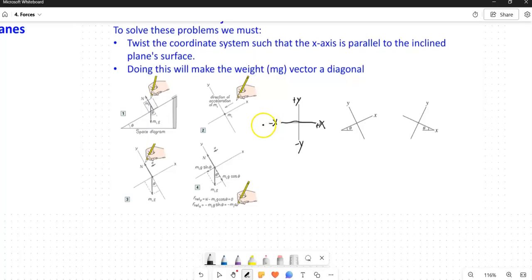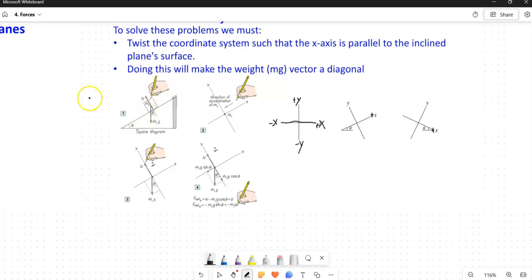However, there are some uses to turning that coordinate system such that the positive direction can be up the plane if it's twisted counterclockwise, or if you twist it clockwise, the positive x direction will be down the plane. The primary use is to keep the horizontal coordinate system parallel to the plane of motion, which would then in turn make the y direction perpendicular to the inclined plane.